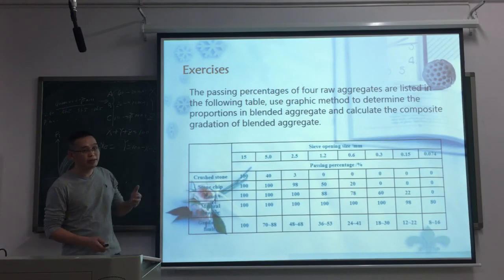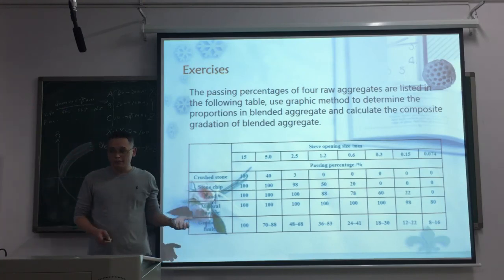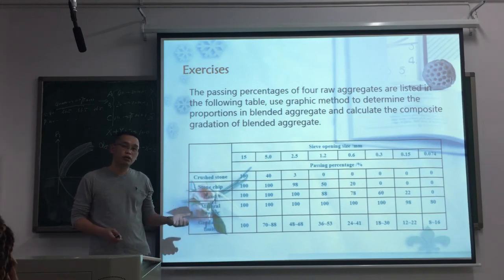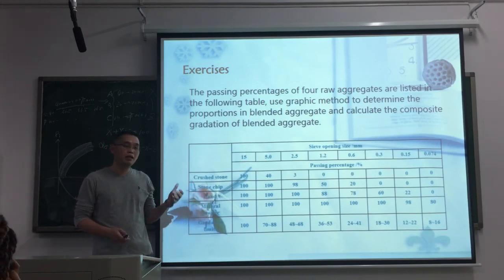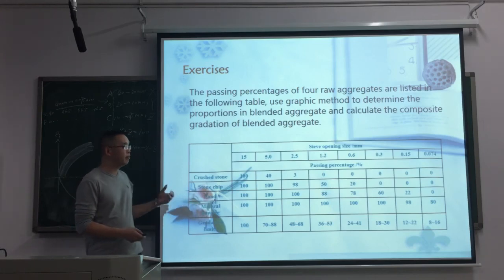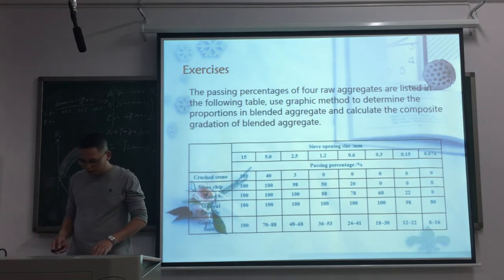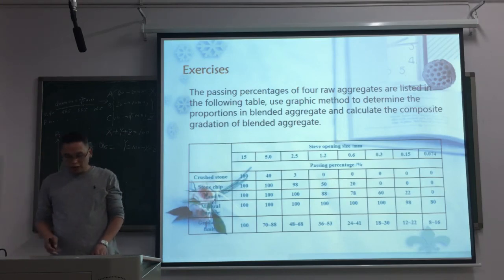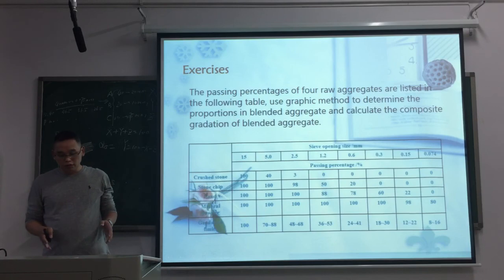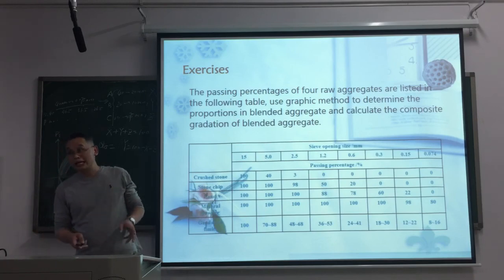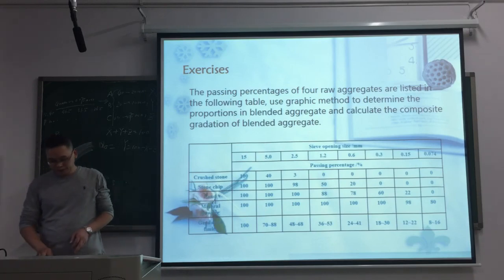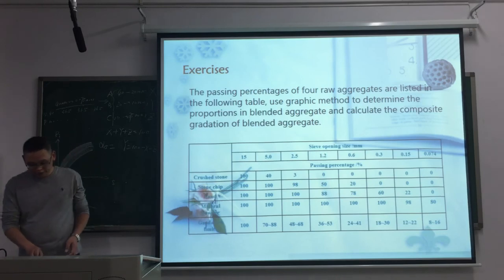And we have learned something about the gradation, and how to decide the proportion of the aggregates. This is the mixed design, the aggregate gradation mixed design. So this is what we need to learn today. So today's class is over. Okay.